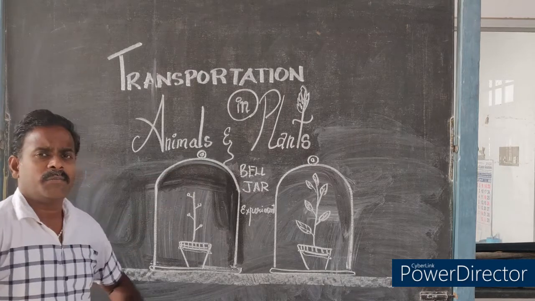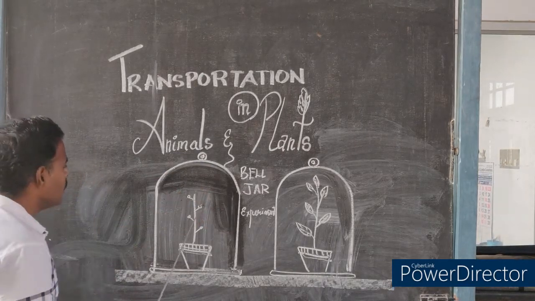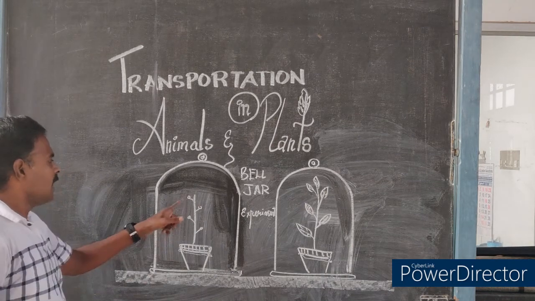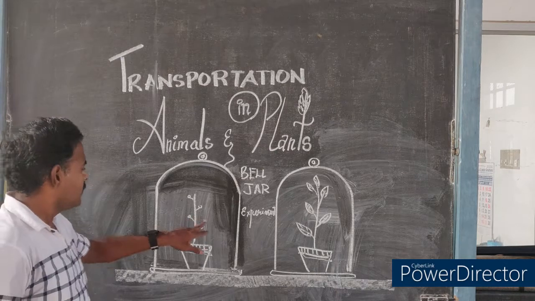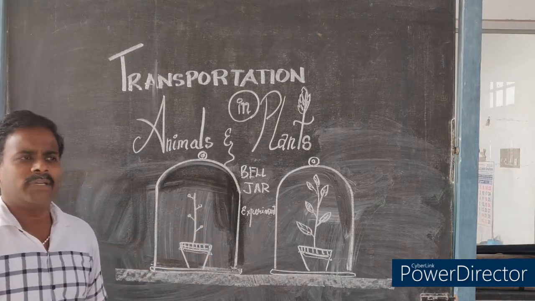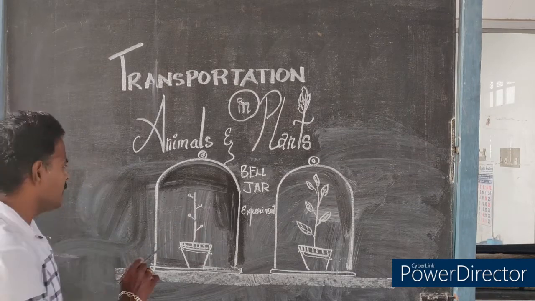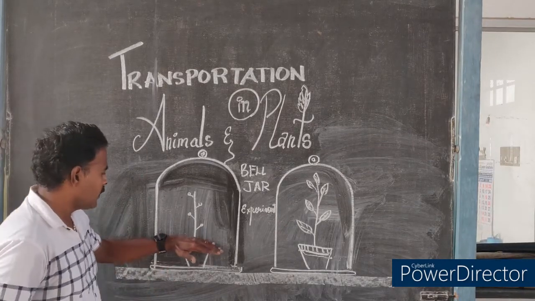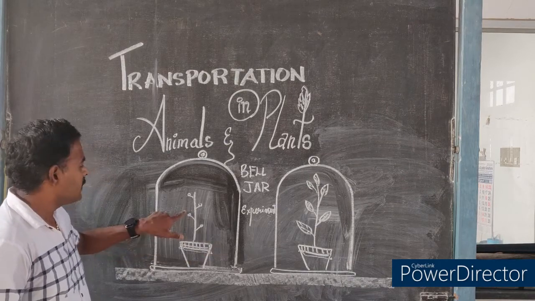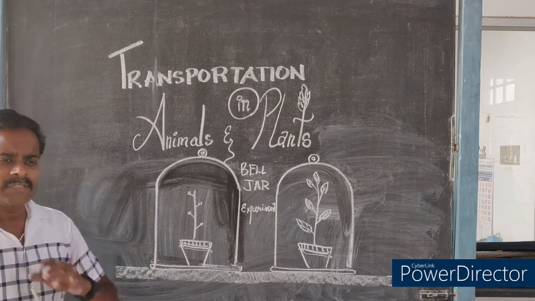Before closing the bell jar, in one plant you remove all the leaves, and at the tip of the branches you apply Vaseline such that no water comes out of the plant. I am covering the soil as well as the branches from which the leaves are removed.